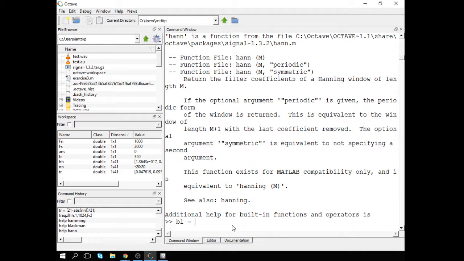Type blackman, not Balkman, then just type the length of the impulse response, and the sinc. There we go.